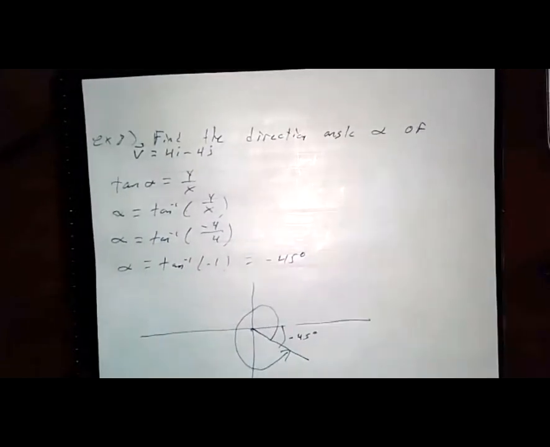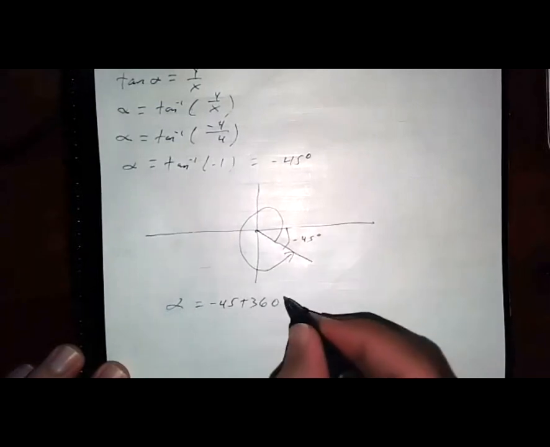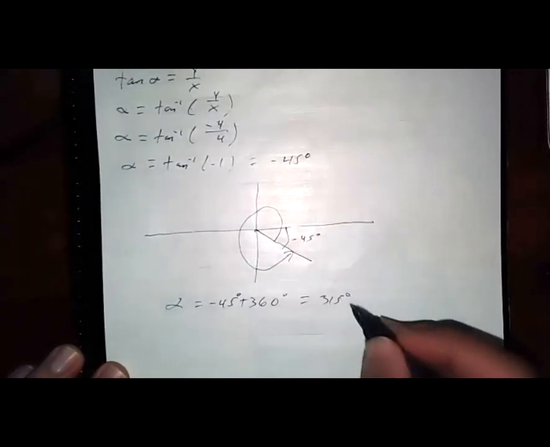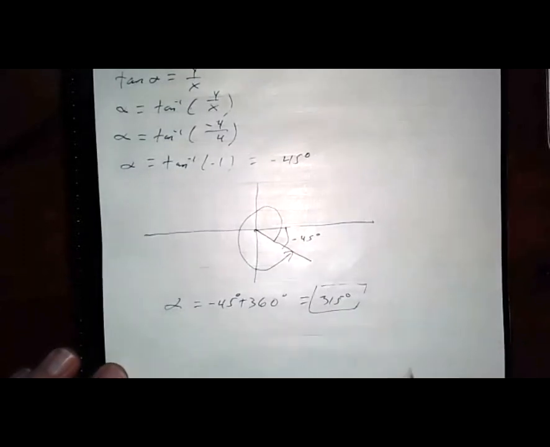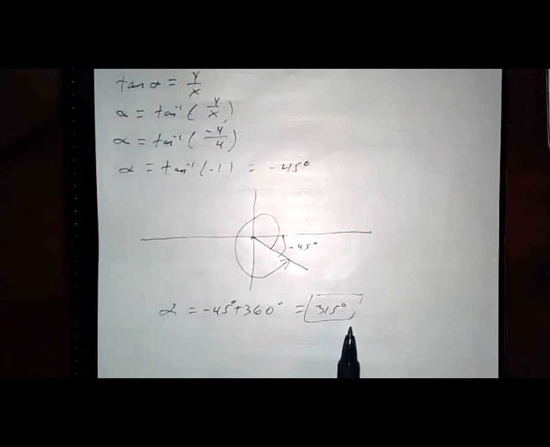So the alpha they want would be -45 plus 360. So this is the direction of the vector v. Are there any questions about that?